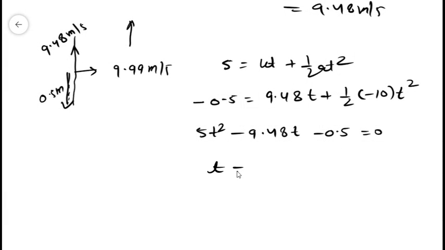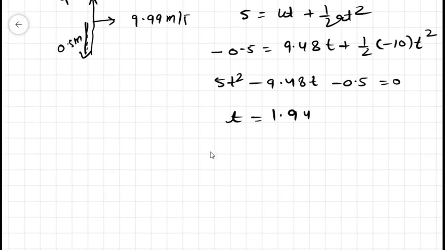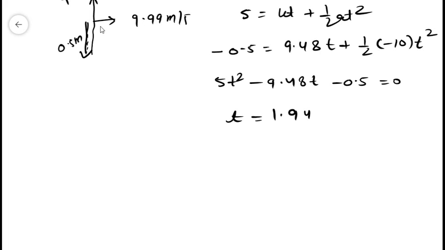The roots of this equation turn out to be 1.94. The other root will be negative, but that doesn't make any sense. So we have the time when it hits the ground, so we can now use the x component of the velocity to find the distance covered in the x direction.